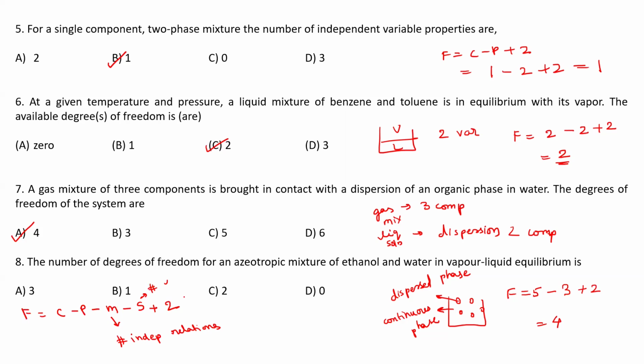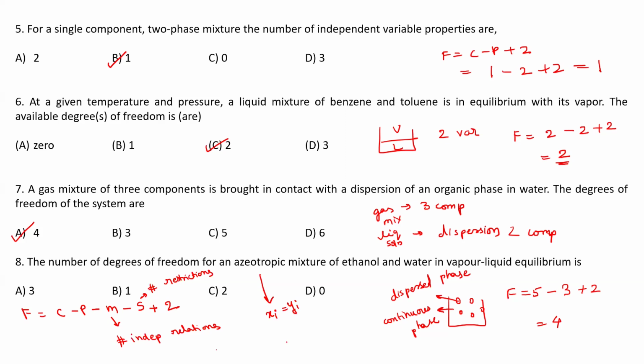So as I told you earlier also, in an azeotropic mixture, we have Xi is equal to Yi, which is a restriction. So here in this case, F is the number of degrees of freedom for ethanol and water.